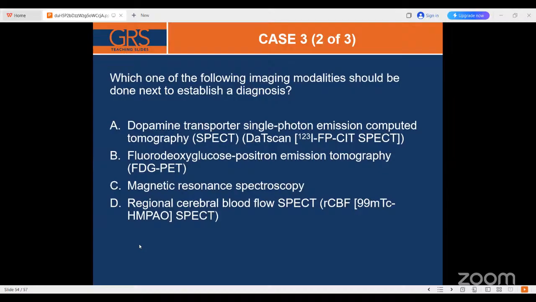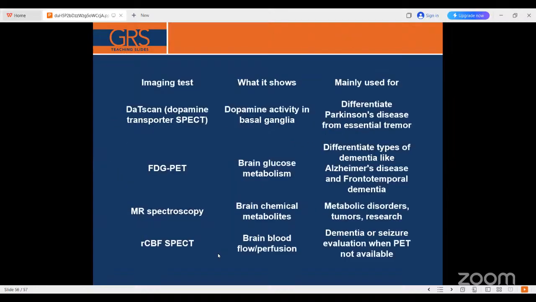No idea. So we have a small table to differentiate these types. Number one, dopamine transporter scan. It's used mainly for patients with dopamine activity in the basal ganglia, to differentiate Parkinson's disease from essential tremor. We have FDG PET scan, brain glucose metabolism.